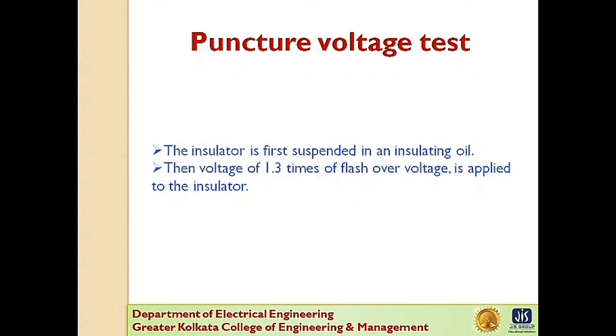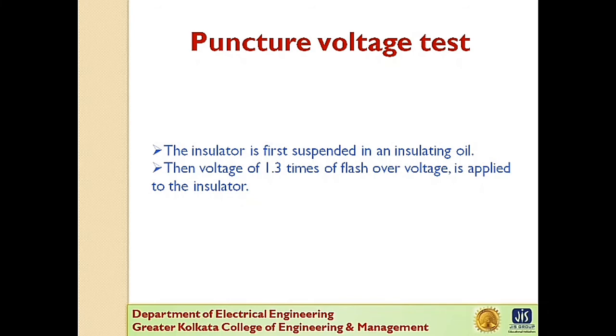Next one is the puncture voltage test. The purpose of this test is to determine the puncture voltage. The insulator to be tested is suspended in insulating oil. A voltage is applied and increased gradually until the puncture takes place. The voltage at which the insulator starts to puncture is called the puncture voltage.